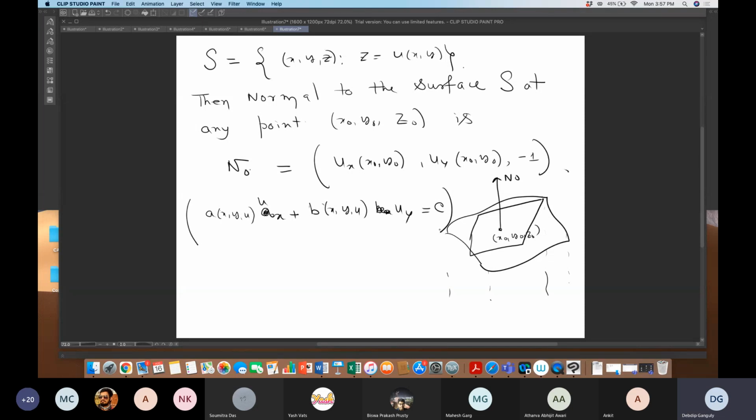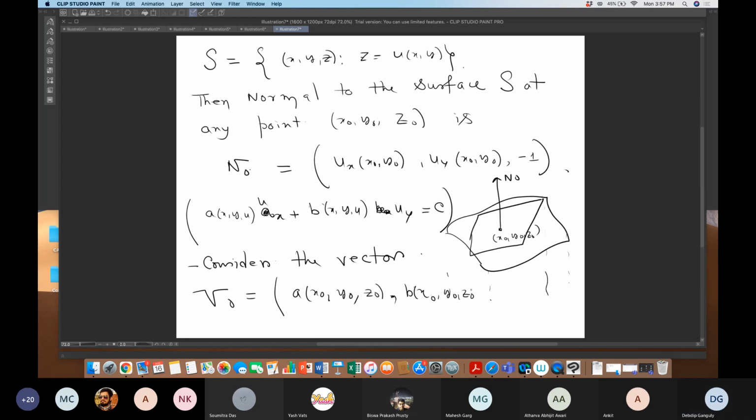Now consider a vector on the surface S. Consider the vector v naught as a of x naught, y naught, u of x naught, y naught, that is z naught, b of x naught, y naught, z naught, and c of x naught, y naught, z naught.